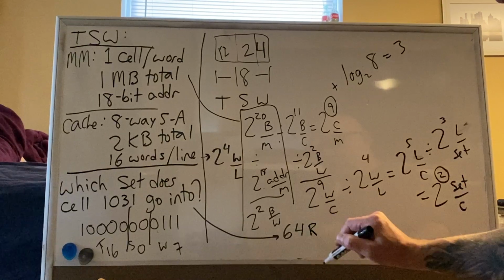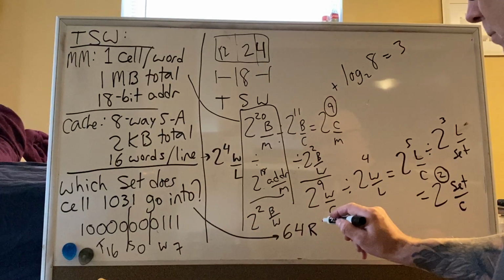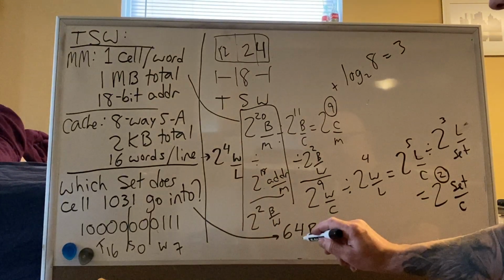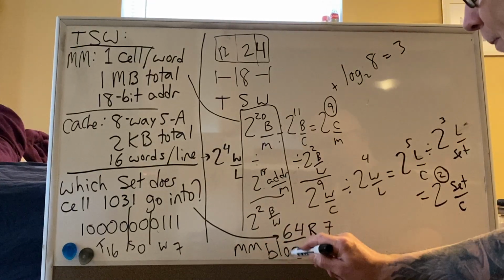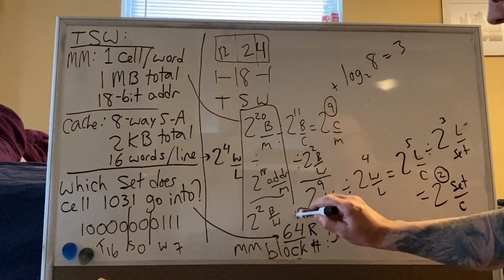Remainder 7. There's the 7. And the 64, that's the block number in main memory.